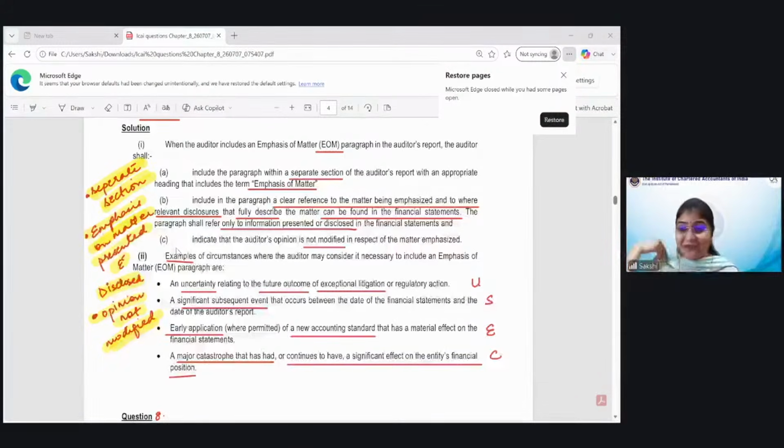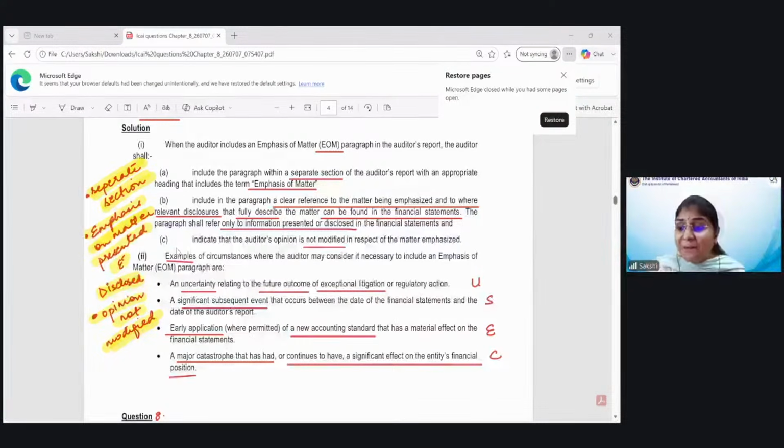Subsequent events, SA 560. Then, early application of a new accounting standard that has a material effect on the financial statements. Material effect on the financial statements means there is some kind of case where you have used a new standard, when Ind AS 30, 31, 32 came, financial instruments came. Very first time you have introduced. So you are mentioning that yes, they have used this standard.